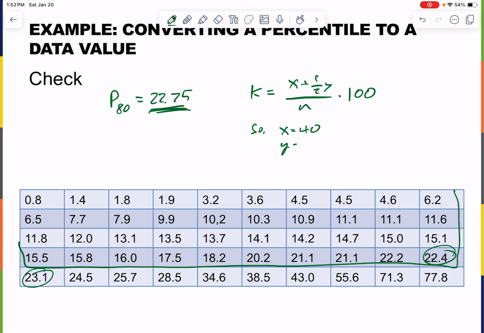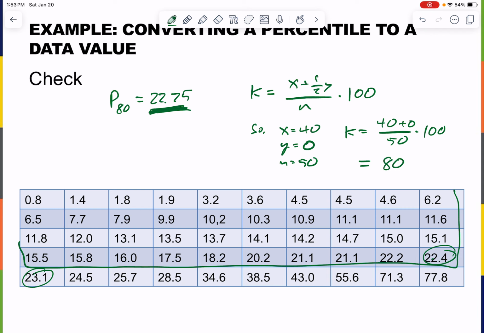Y is going to equal 0 because none of the data points are equal to this value here. N is still going to equal 50. So let's figure that out. K equals 40 plus 0 over 50 times 100. If I multiply that all out, I'm going to get 80.